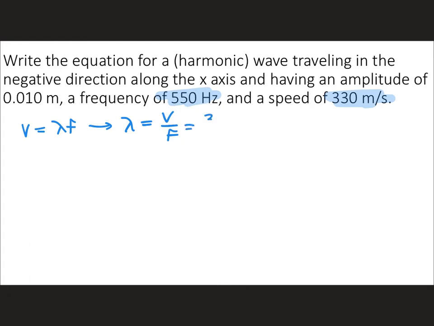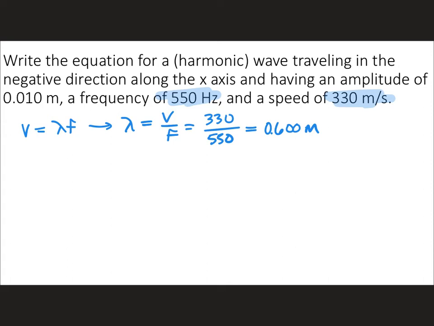And so 330 over 550, everything's in the right units, so I don't have to really worry about that right now. And I know that I'm going to get a wavelength, and since it's a length, the right units are going to be meters. So we're going to get 0.600 meters if we wanted to pay attention to significant digits. That doesn't really matter. Okay.